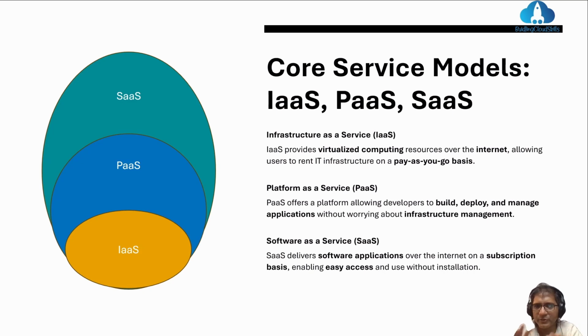So when you're solutioning something, you want to see whether it's available as software as a service or not. If yes, then nothing like it. Otherwise, look at whether a platform can take care of some amount of effort for you, then use the platform, and whatever the platform can't help you with, go ahead and do it with infrastructure as a service. That's how you should generally approach this.